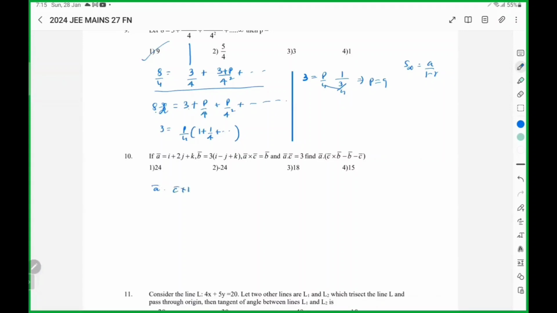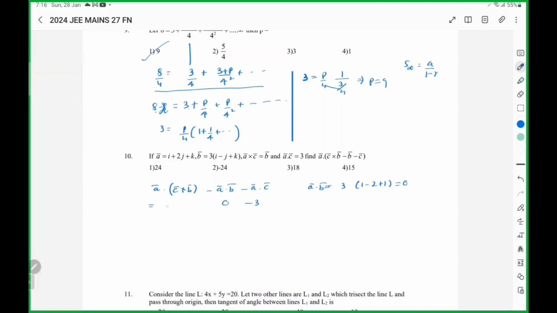Here what we have to calculate is a dot b minus a dot c. A dot c is already given. A dot b, just dot product. 3 times 1 minus 2 plus 1, which is 0. So this is a dot c cross b.